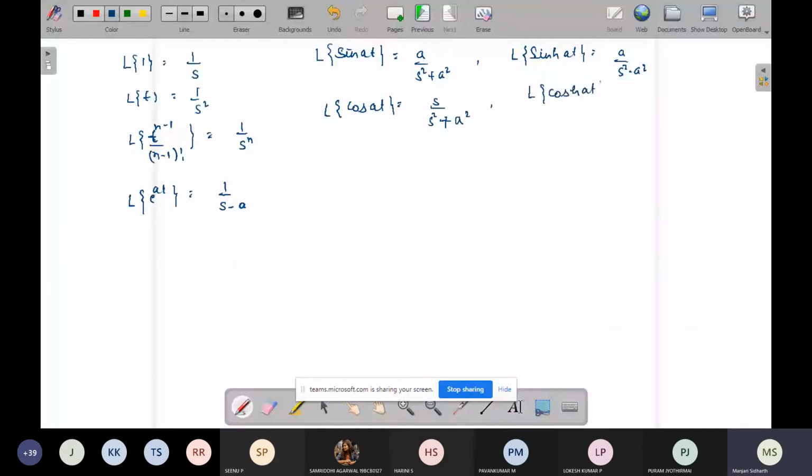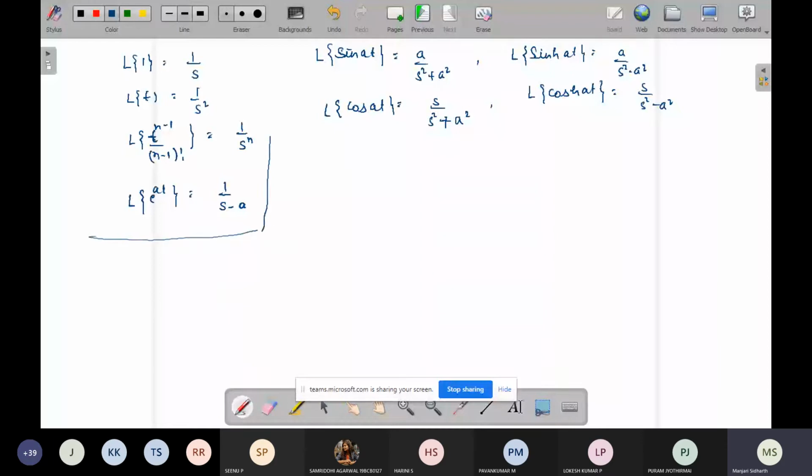Cosh at is equal to s over s square minus a square. So these are the formulas. If we need more formulas, we'll just go through that.